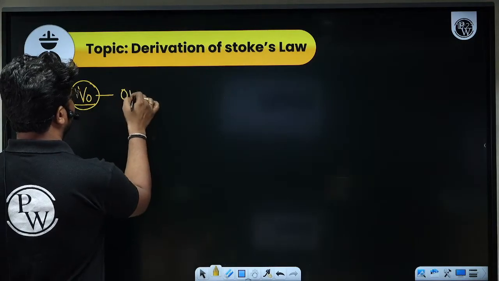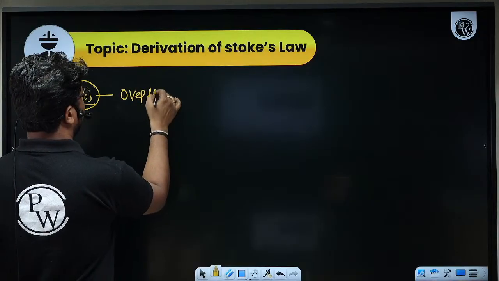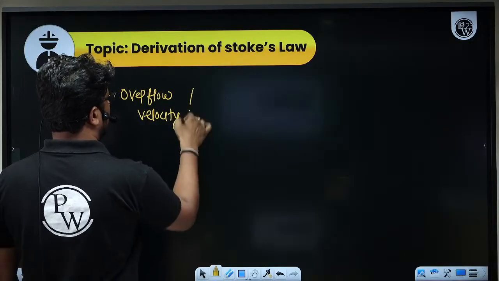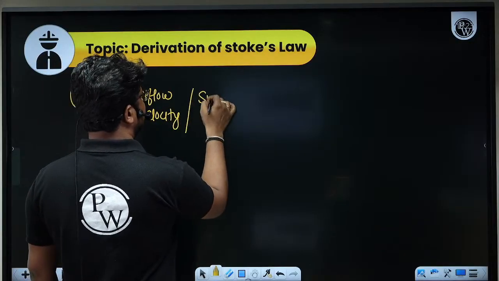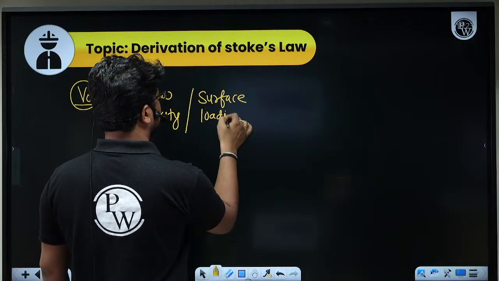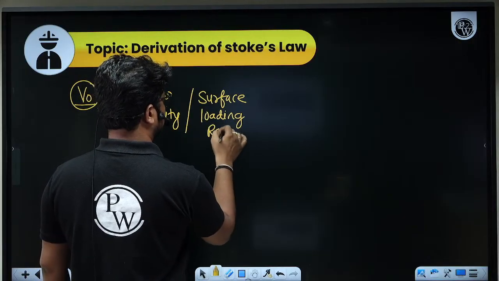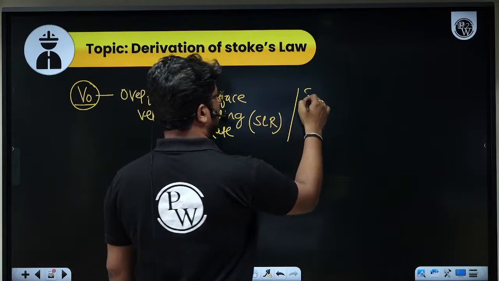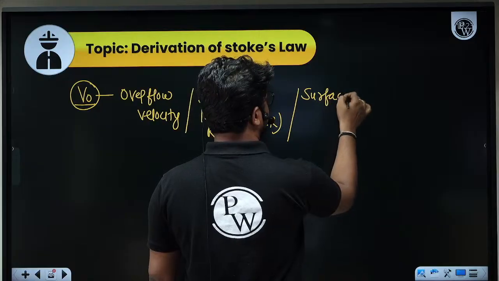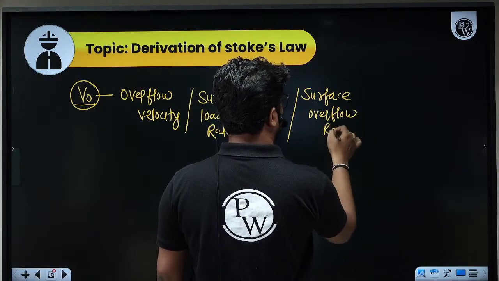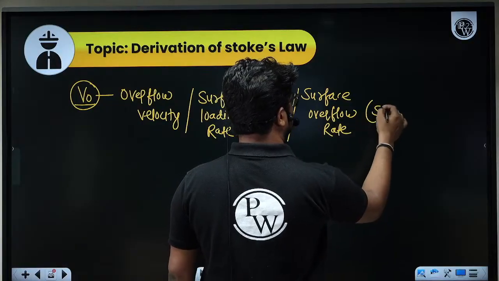V0 is what we call the overflow velocity, or another name is surface loading rate, short form SLR, or sometimes surface overflow rate, SOR.